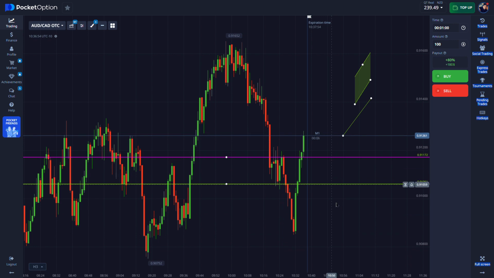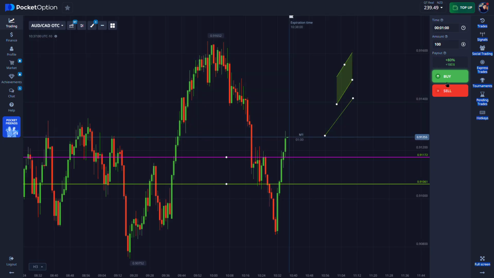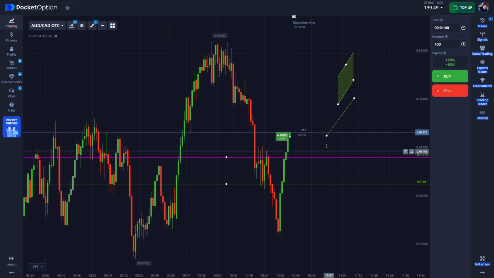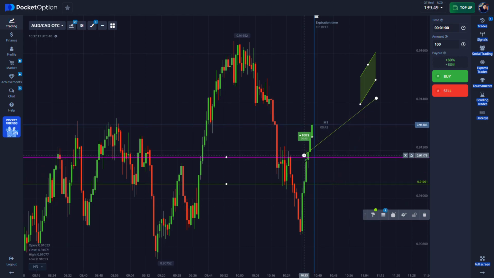I'll probably look at taking a trade here to the upside. Yeah. Now why did I take that trade? Had you seen the hammer previously? It came out, tested, pushed upside, and we had a break and retest.